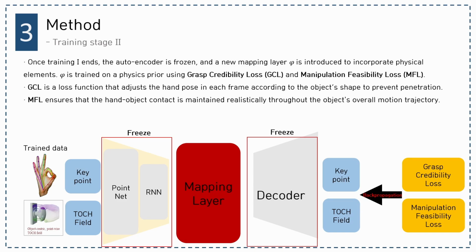GCL is a loss function that adjusts the hand pose in each frame to conform to the object's shape, preventing penetration. MFL maintains realistic hand-object contact along the object's overall movement path.